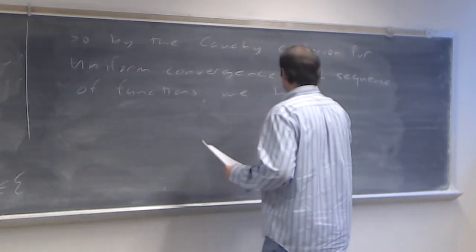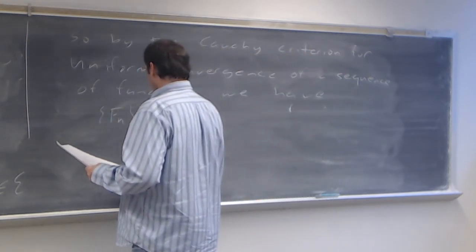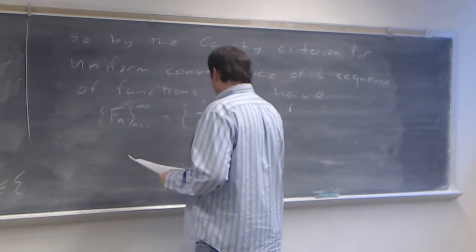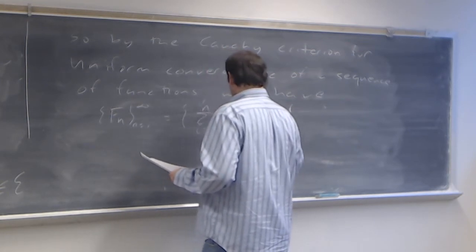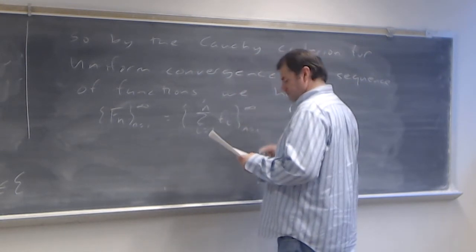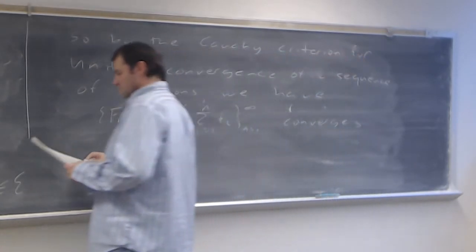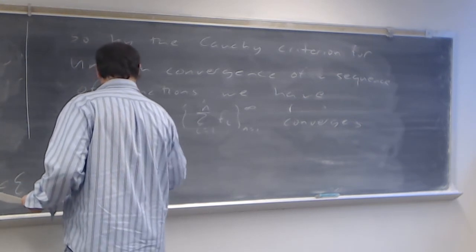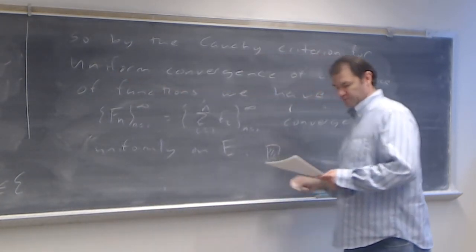We have, here's where I'll write it, the sequence of big F sub n's, n running from 1 to infinity, which really is equal to the sum, as i runs from 1 to n of little f sub i, which was the sequence that we were working with. Here n runs from 1 to infinity. Converges uniformly on E. And that is this proof.